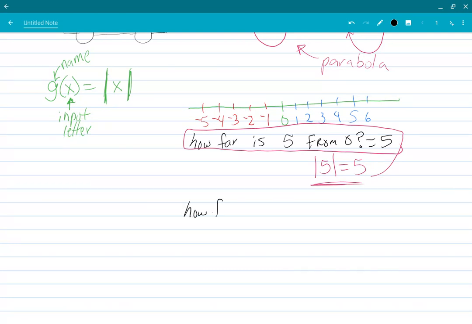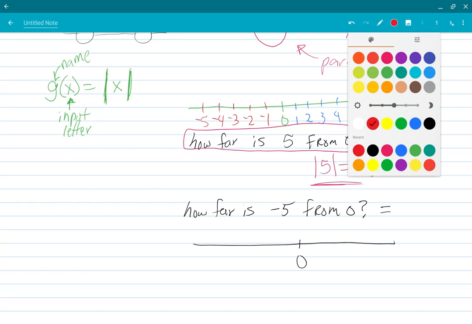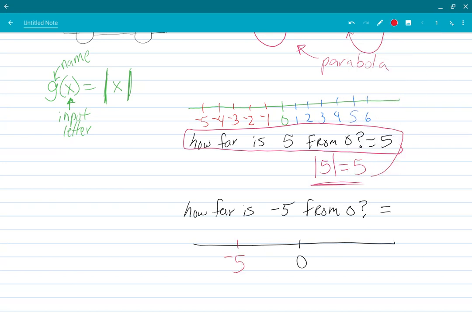How far is -5 from 0? And how far is -5 from 0? 5. Also 5, right? And I'm going to write that in Mathanese.